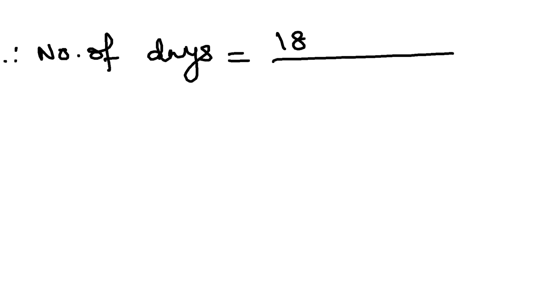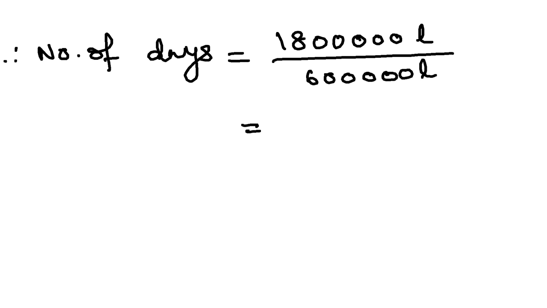Therefore, the number of days that the water is going to last is obviously the volume of the tank, which is 18 followed by 5 zeros, divided by the amount of water required per day. So that is 6 followed by 4 zeros, and this will obviously give you 3. So the number of days that water is going to last is 3 days.